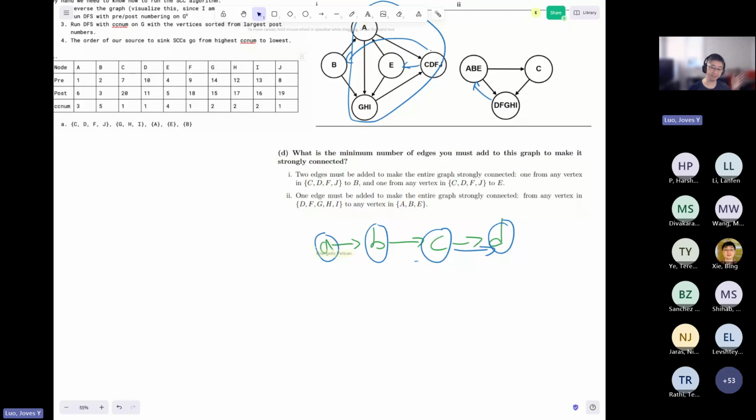Because it's going from sink to source, when it finishes exploring all the vertices in the sink, it goes up 1, and then it'll explore everything there, and then it'll go up 1 and explore everything there. Okay, yeah. Thank you so much.